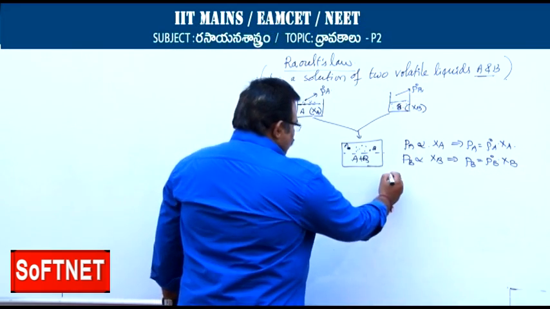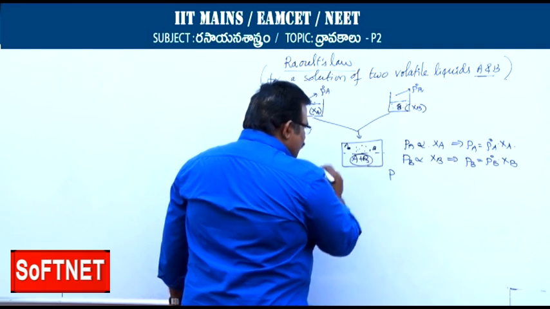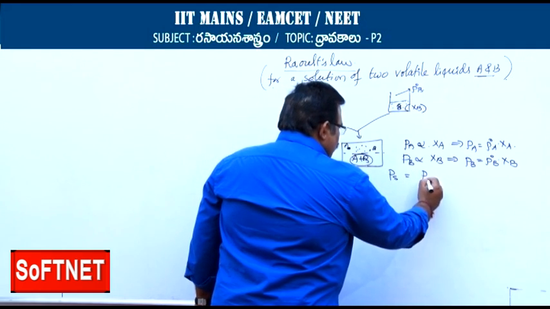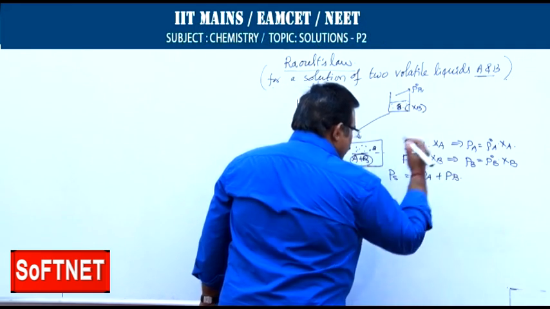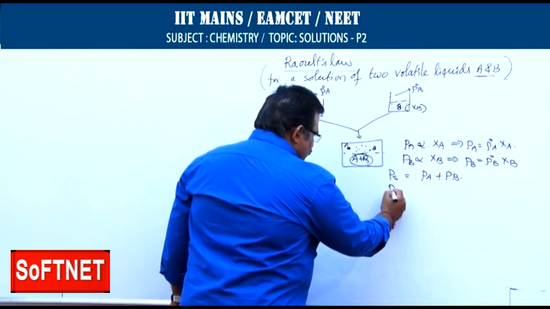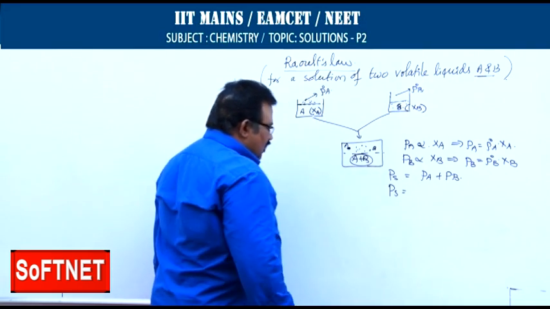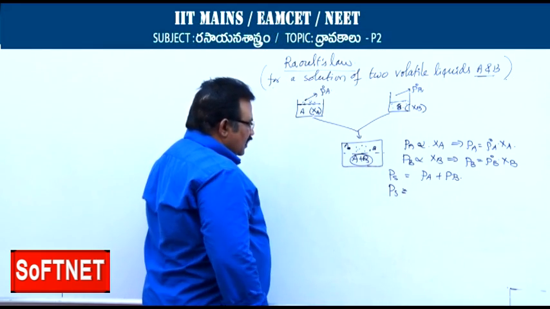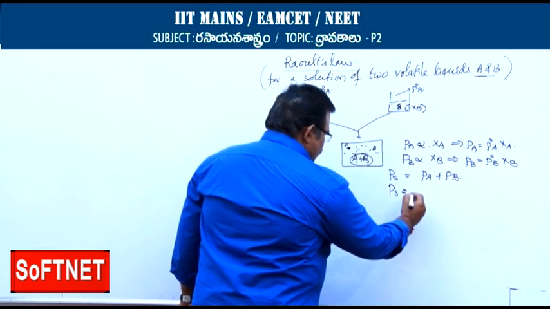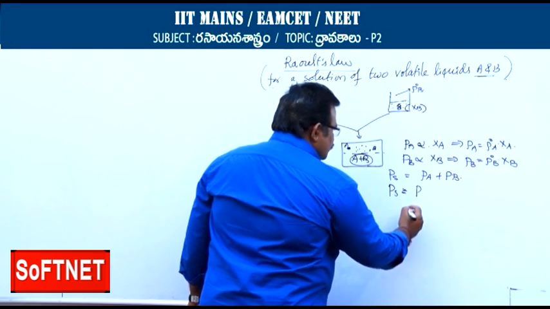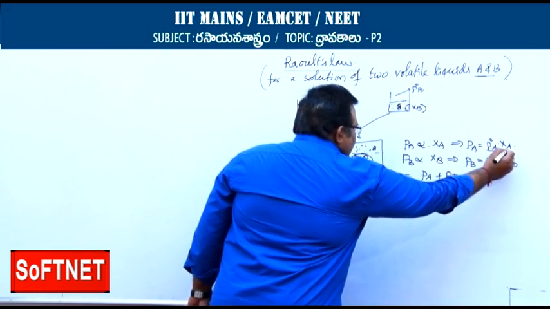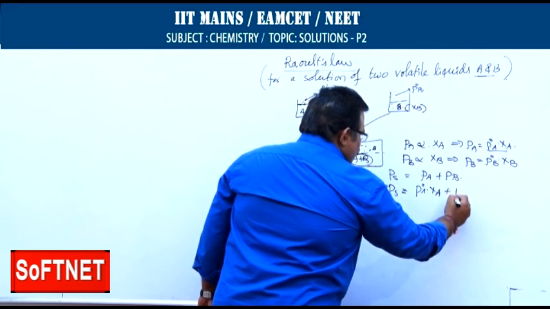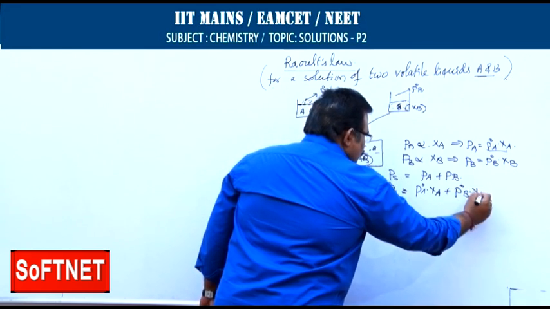Now, the vapor pressure of this AB solution, PS, is equal to PA plus PB. That means the total vapor pressure of the liquid formed by AB components is equal to, instead of PA, we have to write P naught A into XA plus P naught B into XB.